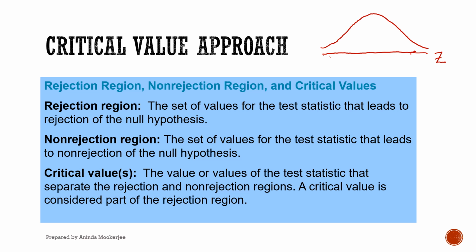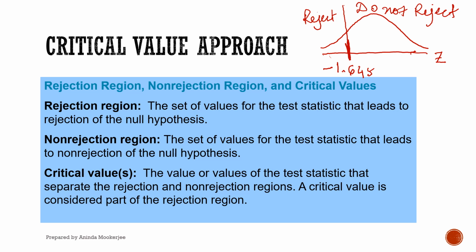If it is a left tail test, let's say this is the cutoff z value which separates the reject region from the do not reject region, and let's say we got a z value cutoff of negative 1.645. If the cutoff is on the left hand side, then your z value will be a negative value.